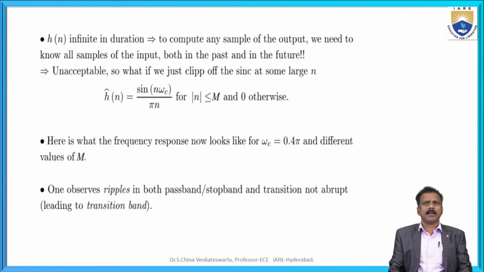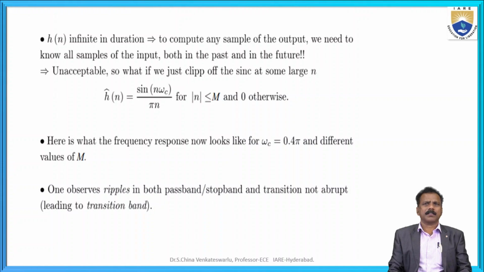To compute any sample of the output, we need to know all samples of the input, both in the past and the future. Here it is unacceptable. So what if we just clip off the sinc at some large n?